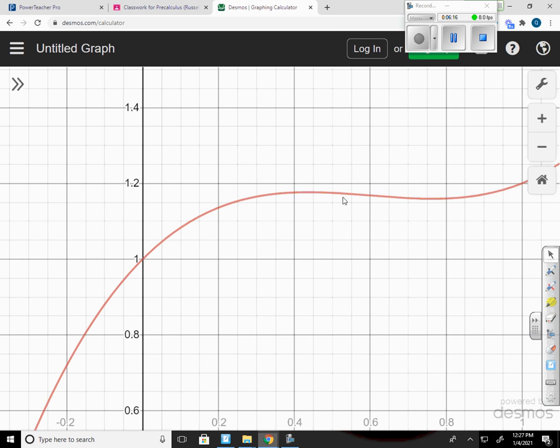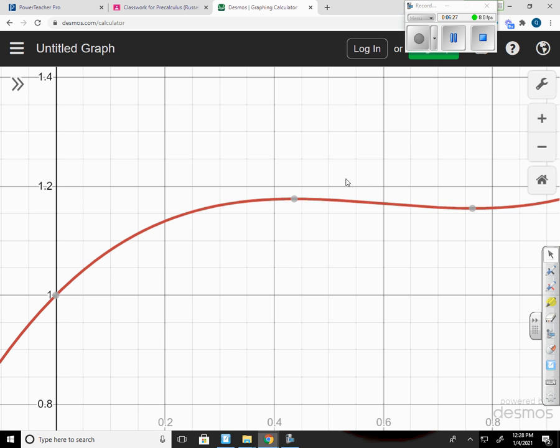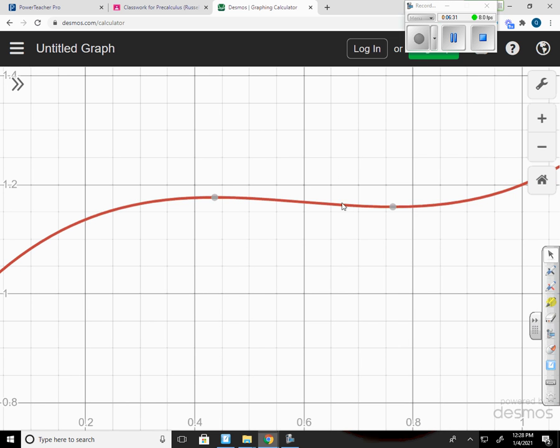And just by looking at this, I can see that one of them's a max and one's a min. This one's going to be the highest point in the area because it's the highest up. This one's the lowest point in the area because nothing goes below.